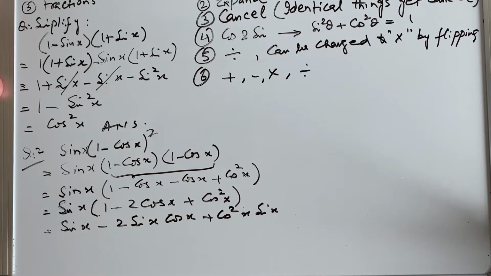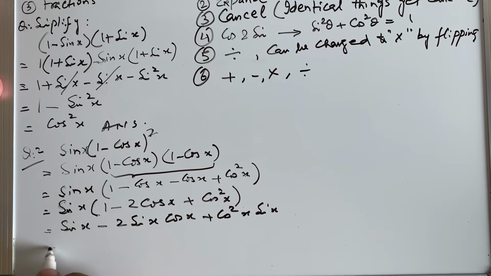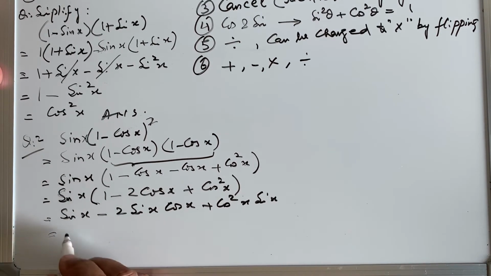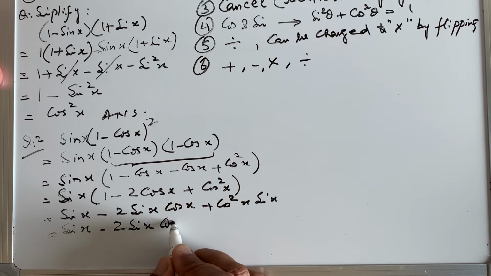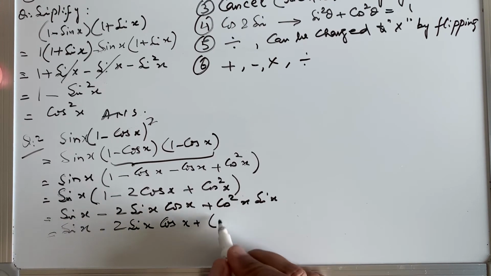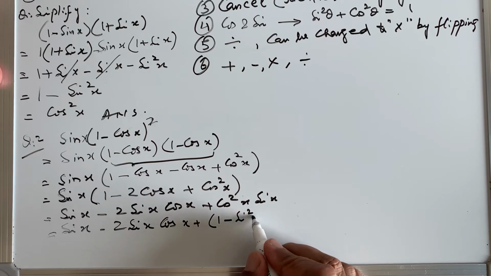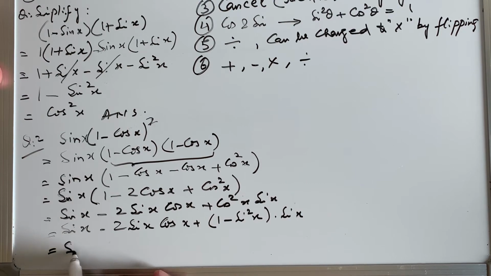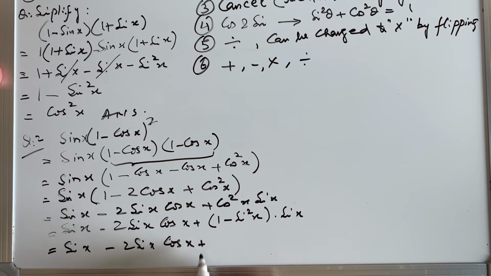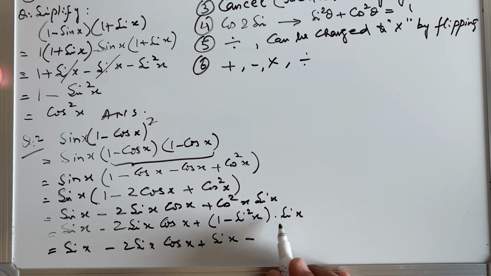You can substitute cos square x as 1 minus sin square x and get more out of it. So until you see something which is replaceable, you go and substitute for that value. Sin x minus 2 sin x cos x plus (1 minus sin square x) times sin x, right? So you have sin x minus 2 sin x cos x plus sin x minus sin cube x.